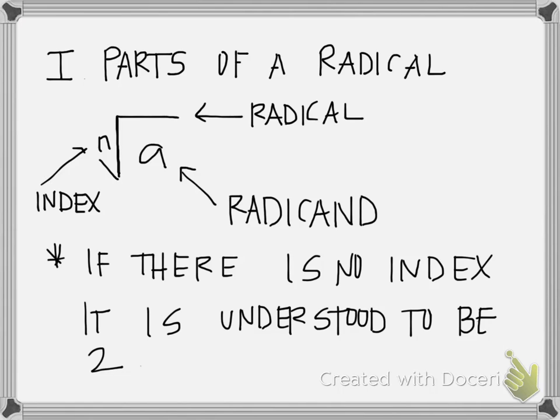Okay, so underneath the radical sign, you're going to want to find a perfect square, or perfect cube, or perfect fourth, or whatever this index is. You want to find two numbers that give you that.